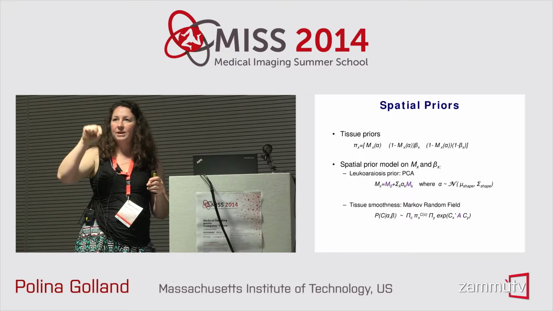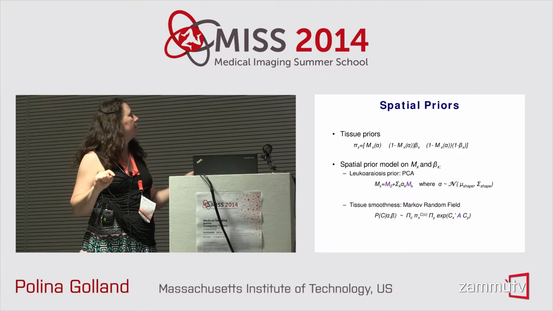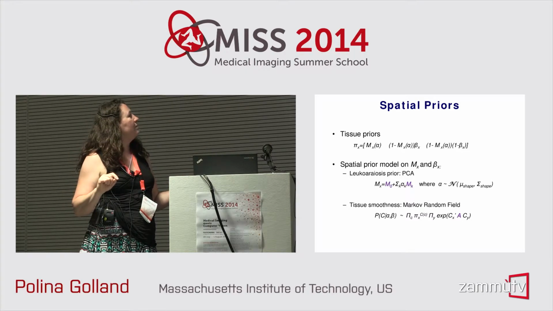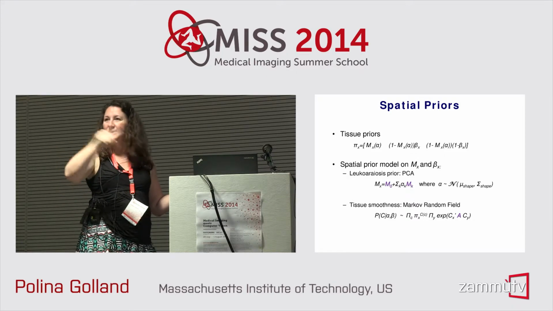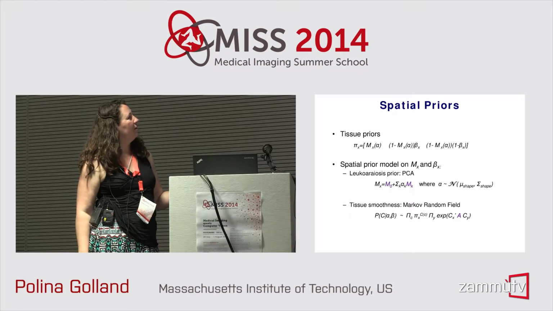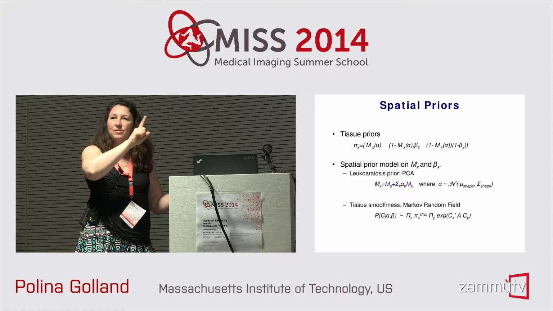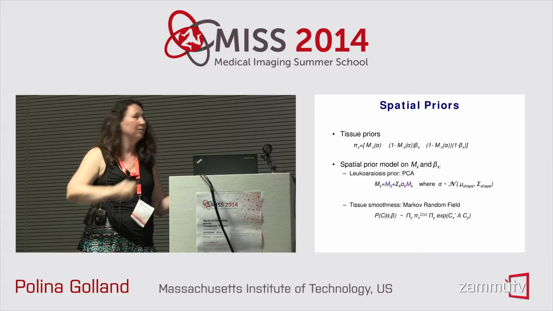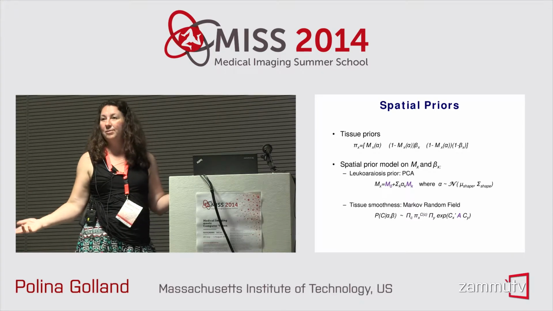So every pixel is between 0 and 1, and that's the probability of being leukoaraiosis. 1 minus m will, of course, be shared across either stroke or healthy tissue. I have another parameter here, beta, which is the probability of stroke if it's not leukoaraiosis. The product of these two gives me the probability of stroke, and the product of these two, not leukoaraiosis and not stroke, gives me the probability of healthy tissue.